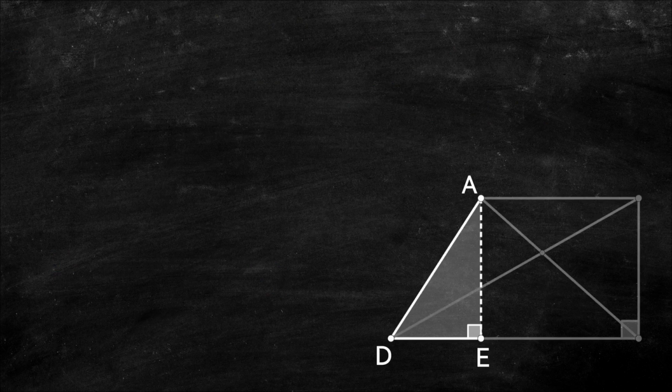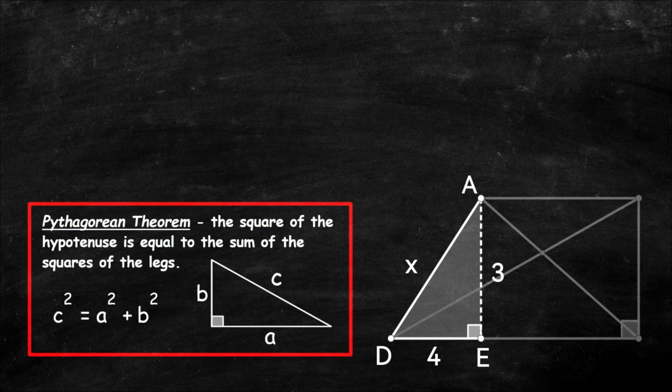For the final step, let's focus on the highlighted right triangle. Since this side is 3 units long, then this distance is also 3 units. From the earlier calculation, we now know that DE is equal to 4. We need to solve for x, and we will use the Pythagorean Theorem to do so.